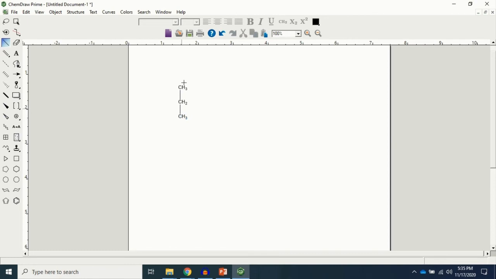You can see that we have 3 carbons. So let's have a look at what this is going to be. I think it would be fun if you could try to guess where I'm going with this.